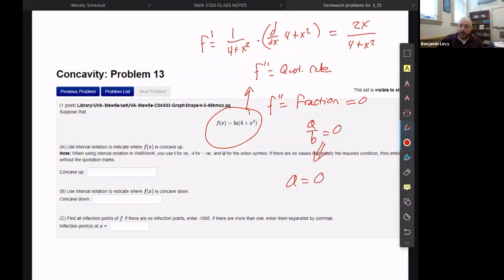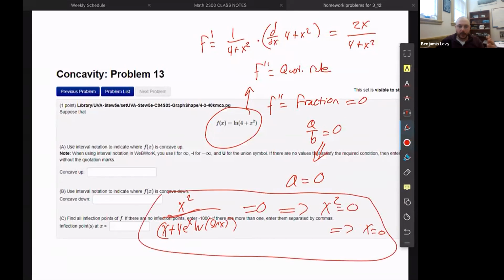So if you had something like x squared over some horrible thing, x plus 4e to the x ln of sine of x, I don't know, some horrible thing in the bottom, and you want that to be 0, the bottom is irrelevant, right? It just becomes x squared equals 0, and you just get that from the top, just as an example. That's just an example of what might happen.